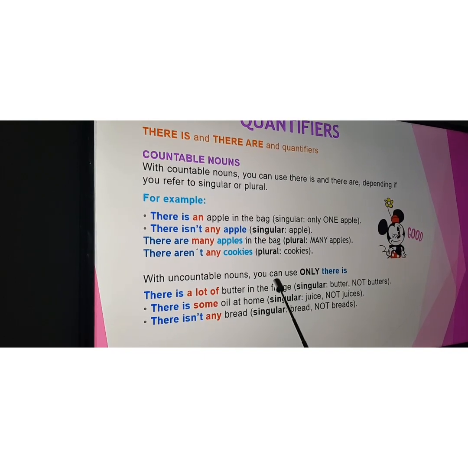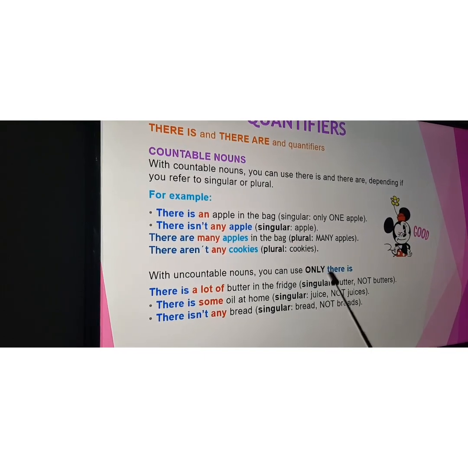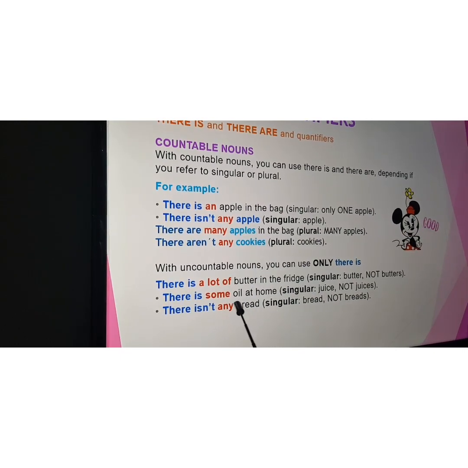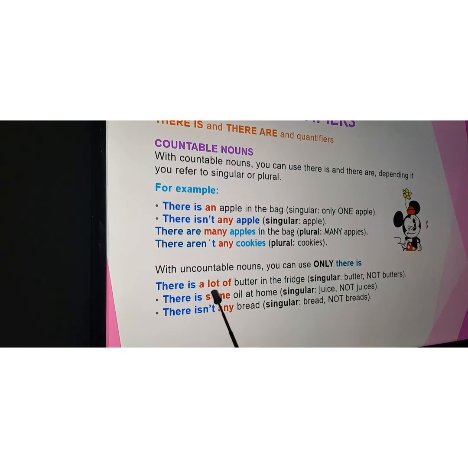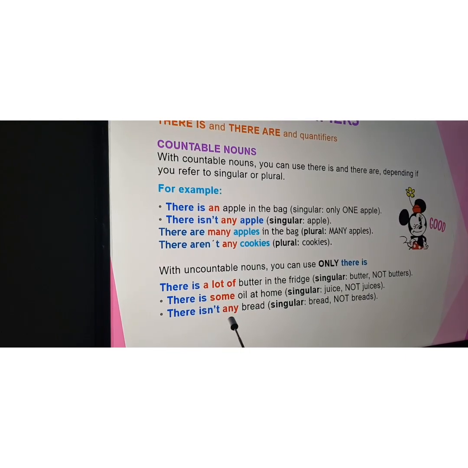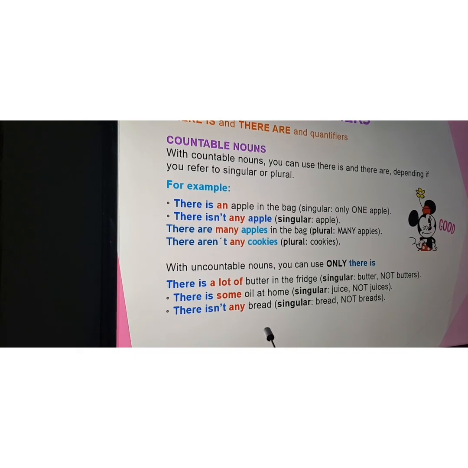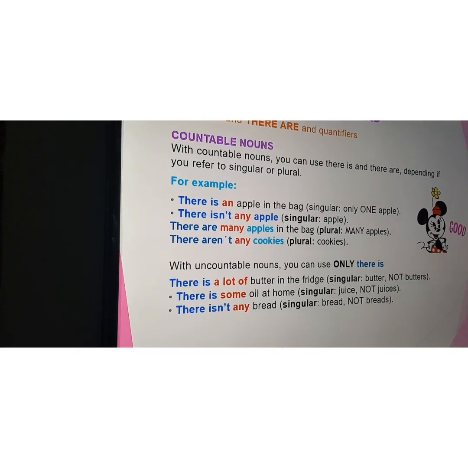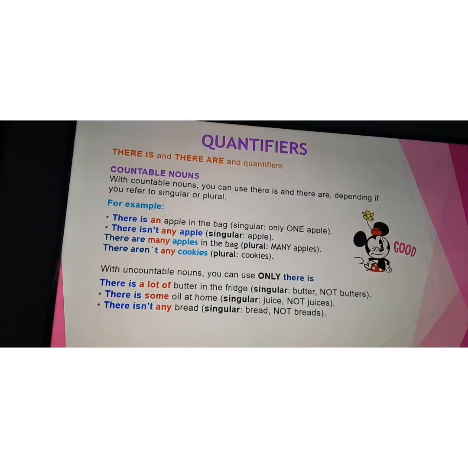With uncountable nouns, you can use only there is. Don't use there are, don't use there aren't. With uncountable nouns, we can use there isn't in a negative form with any, but we have to remember that the uncountable nouns don't have plural nouns.